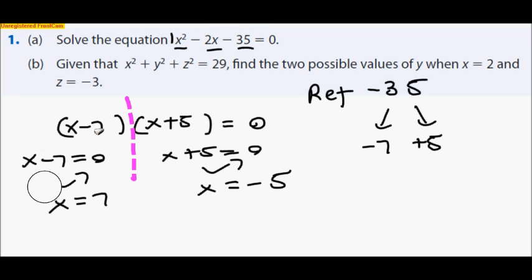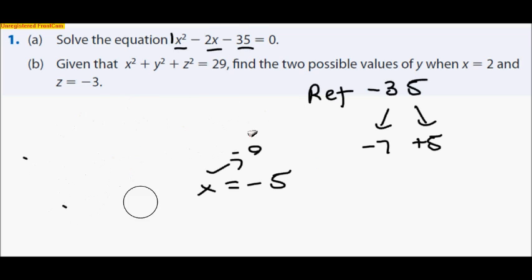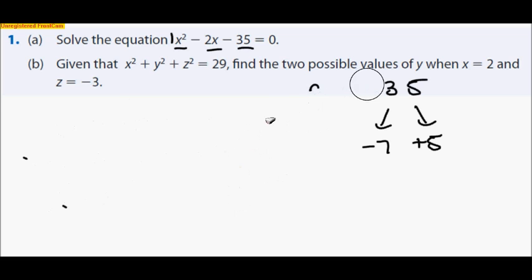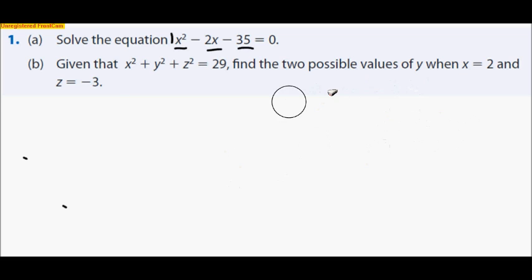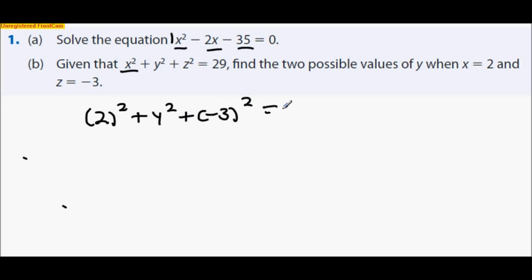Now, next part. Given that x squared plus y squared plus z squared is 29, find two possible values of y when x equals 2 and z equals minus 3. So what we can do here is replace x with 2 squared, keep y squared the way it is, and z squared is going to be minus 3 squared, equals 29.